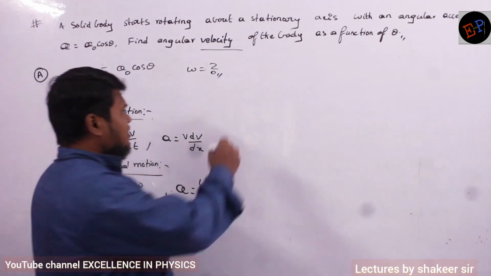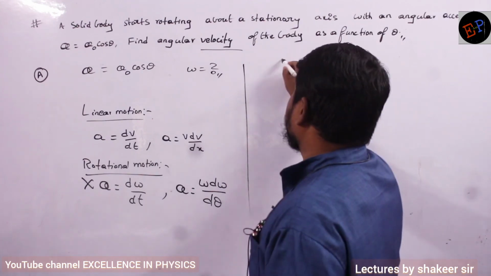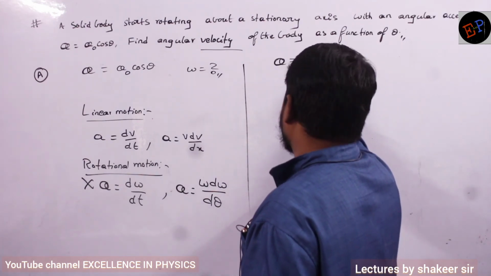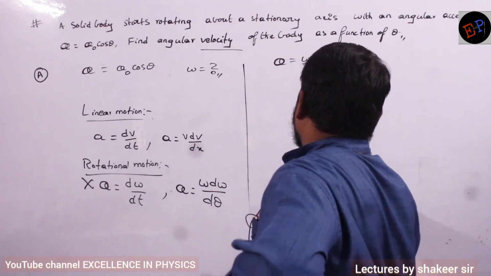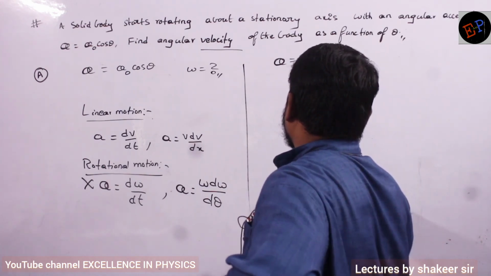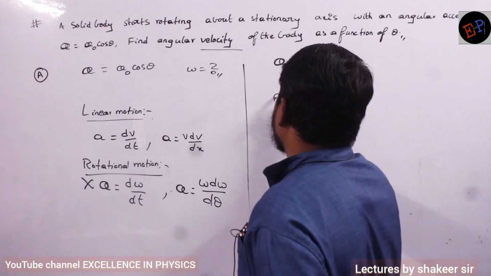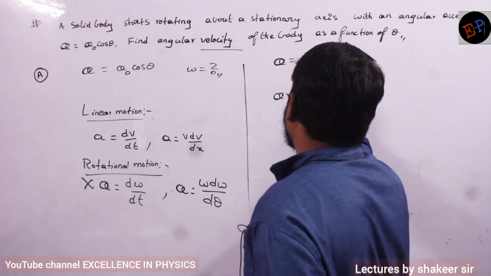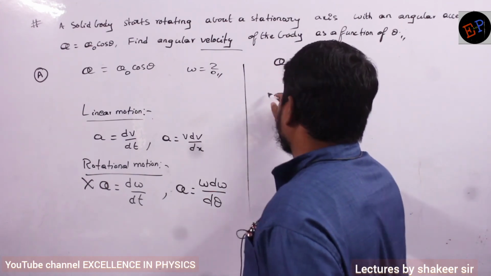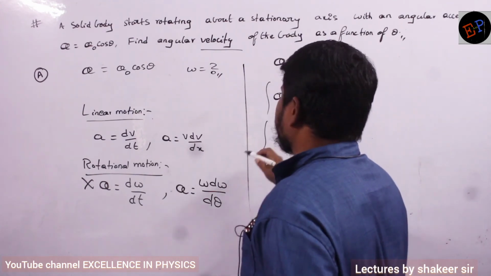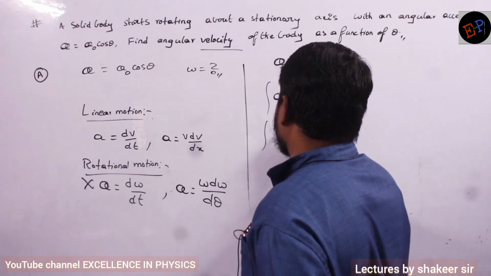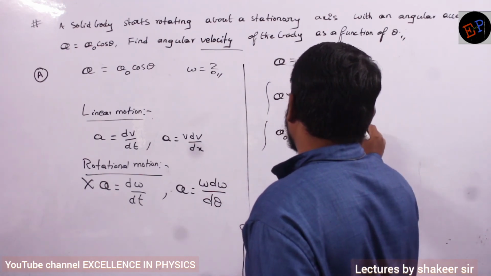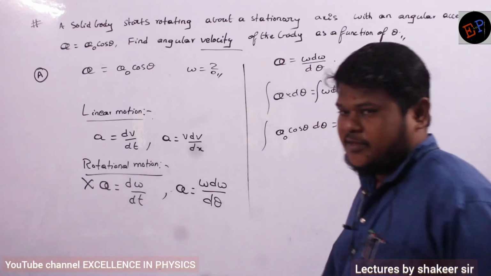Now use the relation. So I will use alpha equals omega d omega divided by d theta. I want omega only, no? So alpha into d theta equals omega into d omega. Okay, so integrate on both sides. Integration of alpha: alpha naught into cos theta into d theta equals integration of omega into d omega. Understood?